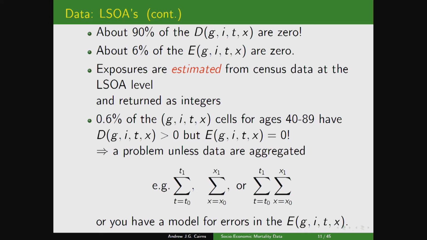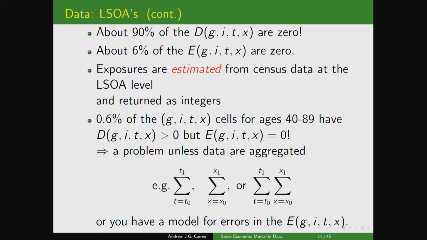Now, just before we get to the predictive variables, beware of some of the challenges with these data. Because these are small geographical areas, a lot of the deaths are going to be zeros and ones, and in particular, 90% of the death counts in this large array are zeros.